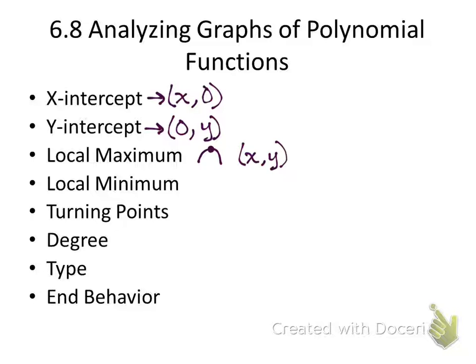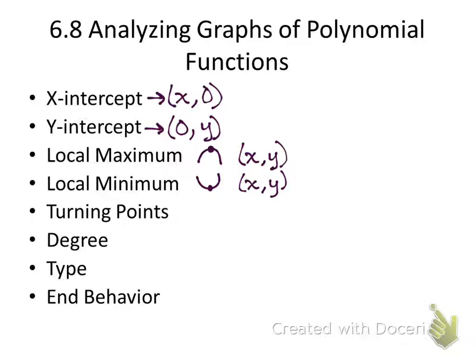That's how our answers will be written. A minimum is some sort of valley, and again, it's going to be a point for our answer. In the directions, it's going to say, identify what turning points are local maxes, and identify what turning points are local minimums. So turning points will become specifically local maxes or local mins.